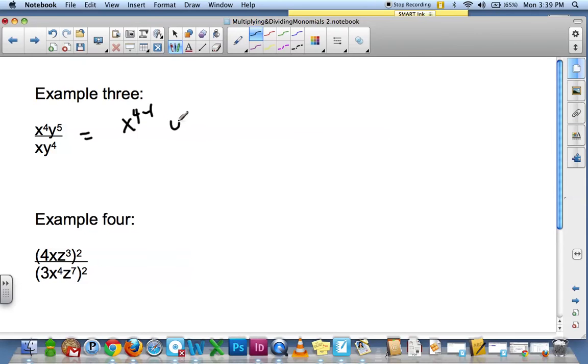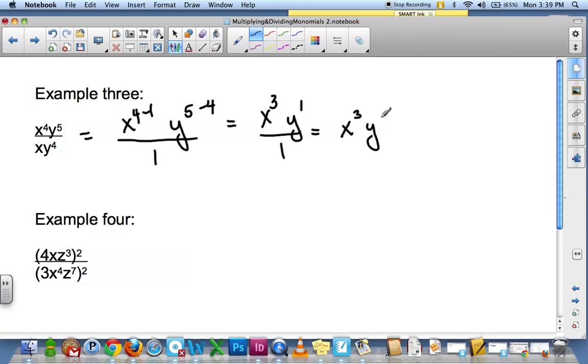Then you're going to take your y's, you're going to go 5 minus 4. Now nothing is left underneath because I'm subtracting those with the top numbers, so I'm just going to put a 1 in its place. You're going to have x to the 3rd power, y to the 1st power, all over 1. And then I'll just write it x to the 3rd power times y. I don't need to write that 1 there because I know there's only 1.